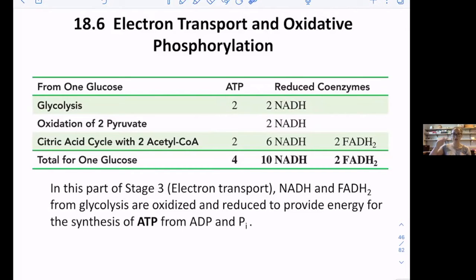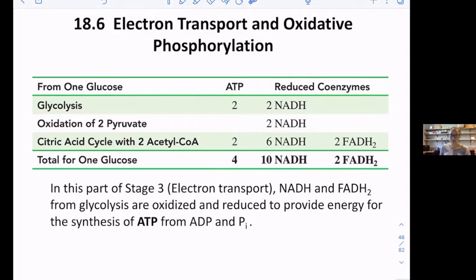Then the citric acid cycle with 2 acetyl-CoAs, remember, we go through it twice because one glucose gets broken down into 2 pieces, gives us 2 ATP, 6 NADH, and 2 FADH2s. So for 1 molecule of glucose, at the end of all of those cycles, we have 4 ATP, 10 NADH, and 2 FADH2s.